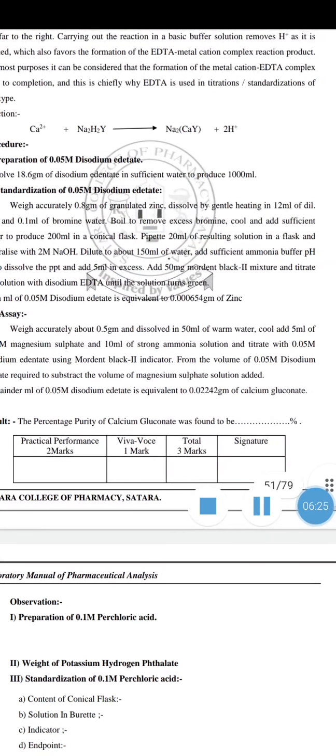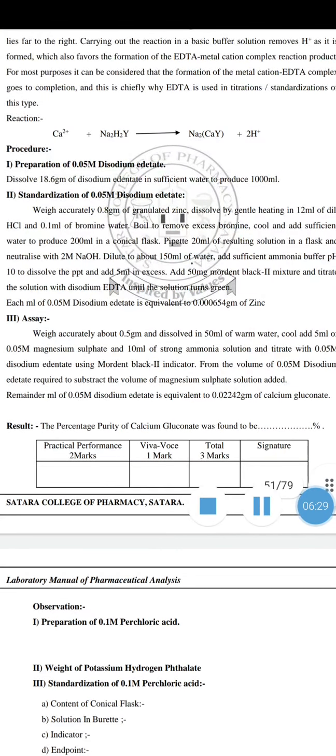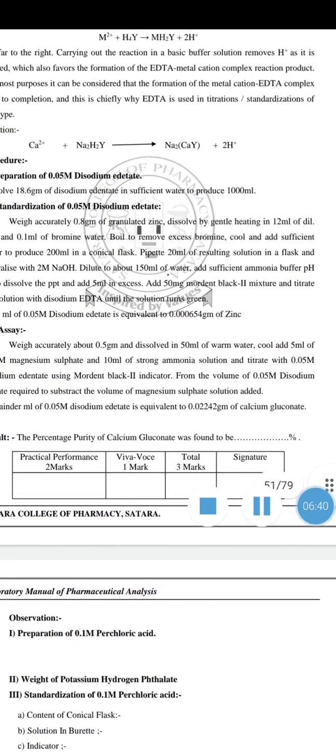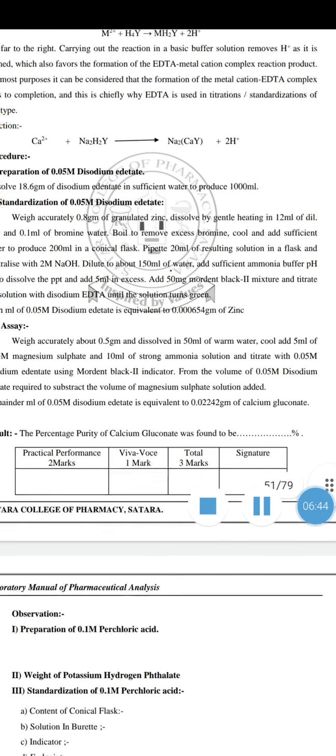From the volume of 0.05 molar disodium edetate required, subtract the volume of the magnesium sulfate solution added. Then each remaining ml of 0.05 molar disodium edetate is equivalent to 0.02242 gram of calcium gluconate.